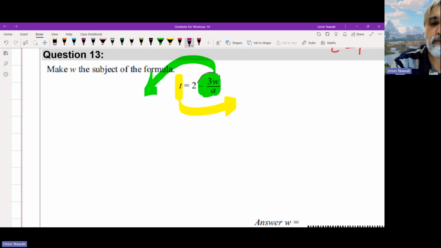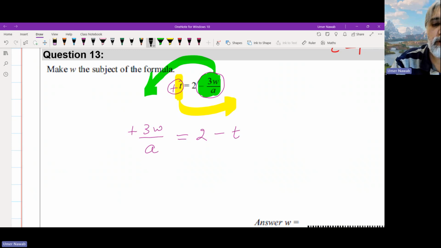Now what happens to the minus 3W over A? It becomes plus 3W over A because I'm shifting. I'm changing my minus 3W over A to plus 3W over A from right to the left. And the plus T, which is on the left, is now moved to the right and it becomes minus T. Wonderful.